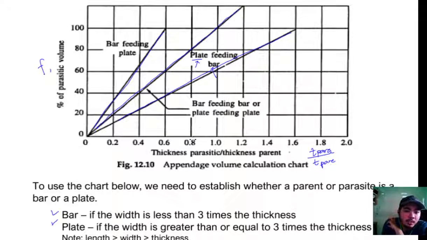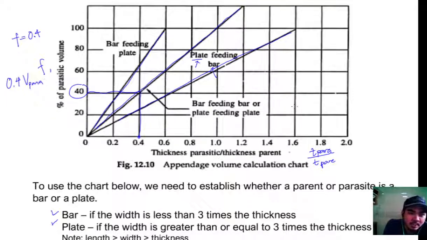Okay? So if you know the thickness ratio, kunwari lang ang thickness ratio niya is 0.4. Tapos we know that it's a bar feeding bar, kunwari. So a bar parent feeding a bar appendage, then we can say na yung percent parasitic niya is 40%. So yung F value natin, F is equal to 0.4. Okay? So for that particular appendage, multiply natin yung 0.4 times the volume of that parasitic. Okay?